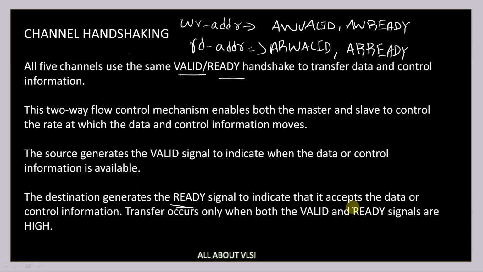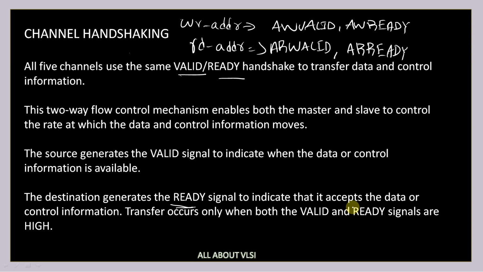So for the control information we have a valid signal, and for data also we have a set of valid signals. For example, if we have a read address channel, then the slave is going to use a signal known as AR ready, so that the slave is ready to accept the data or not.